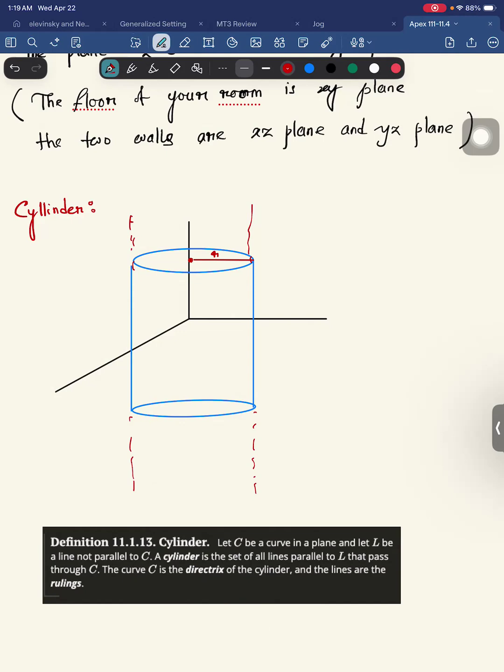But for example, this is the cylinder created by x squared plus y squared equals r squared, right? So if you look at the xy plane, there is an avatar of this circle living on the xy plane as well, right?